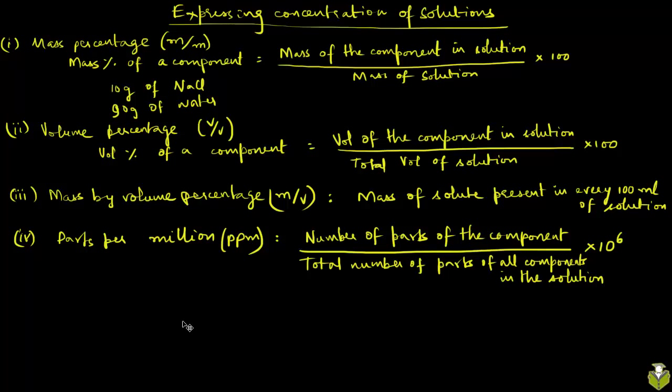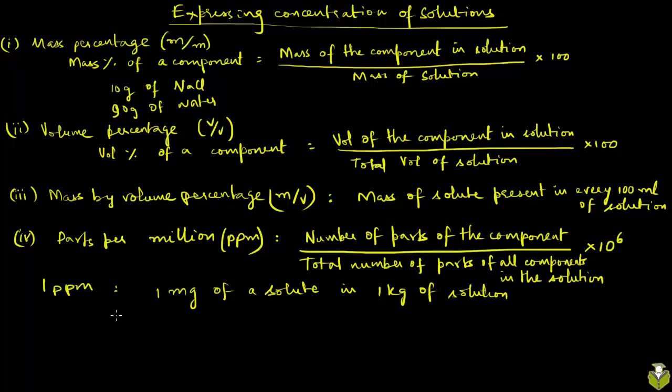So 1 ppm of a certain component can be 1 milligram of a solute in 1 kg of solution. That can be 1 ppm.